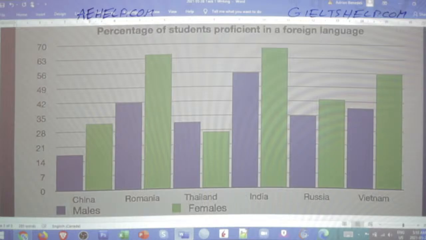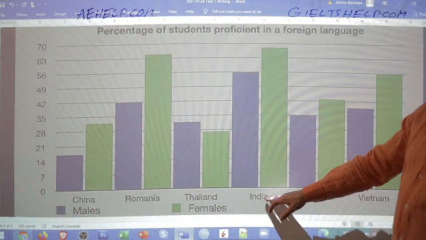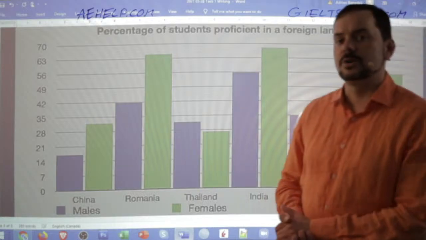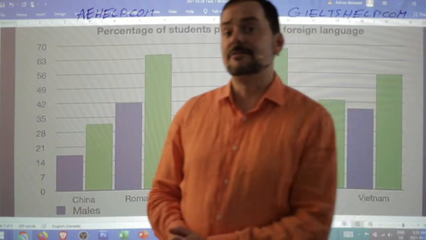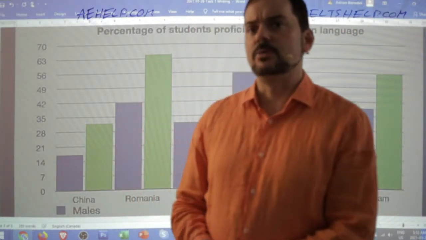And then I think another really interesting observation is that foreign language fluency is clearly dominant in 2 of these 6 countries. So Romania and India, with India being the most, right? So that's another main feature that we can observe.